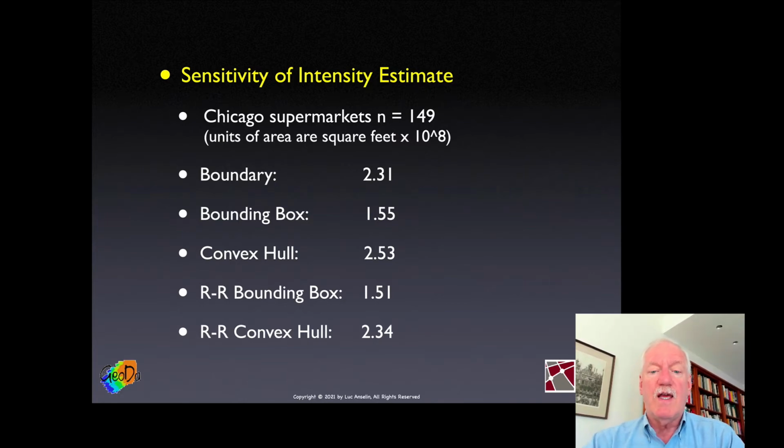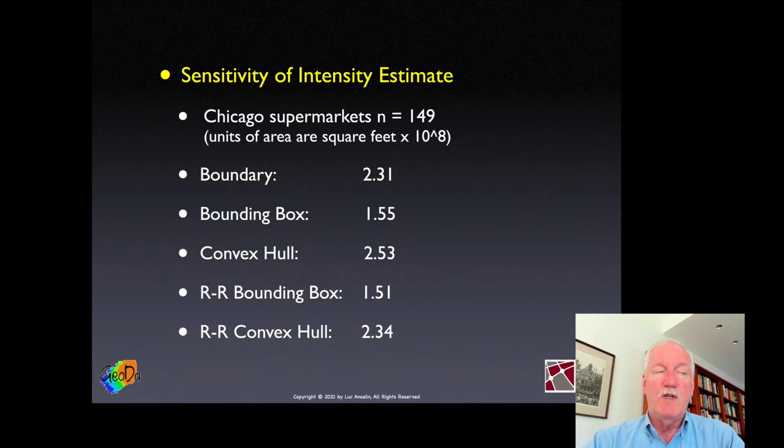I mentioned the lake. All this empty space is included in the denominator, but the numerator remains the same. The numerator is 149, but the area is much larger. So therefore, the intensity must be much lower. The highest intensity we get for the convex hull, which is the tightest fit. So in a sense, the smallest convex area around the points.